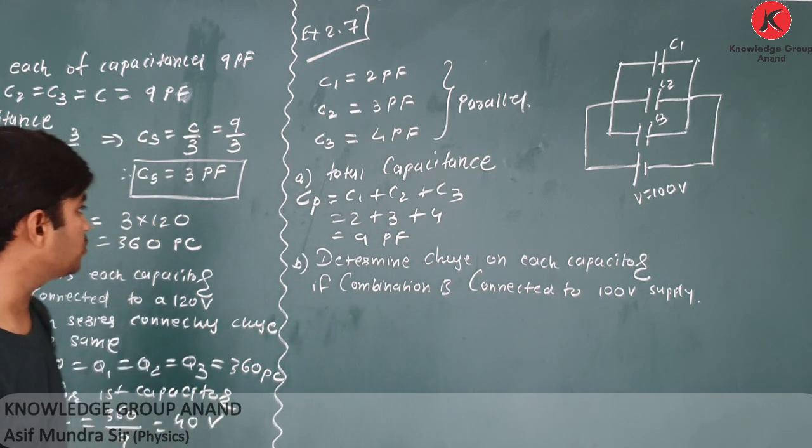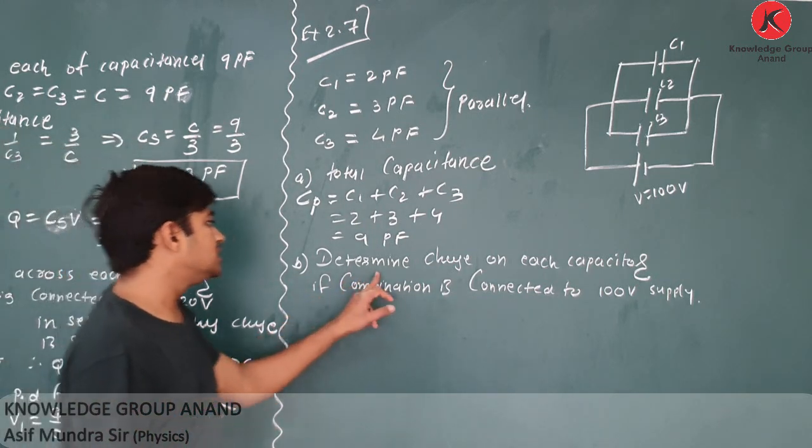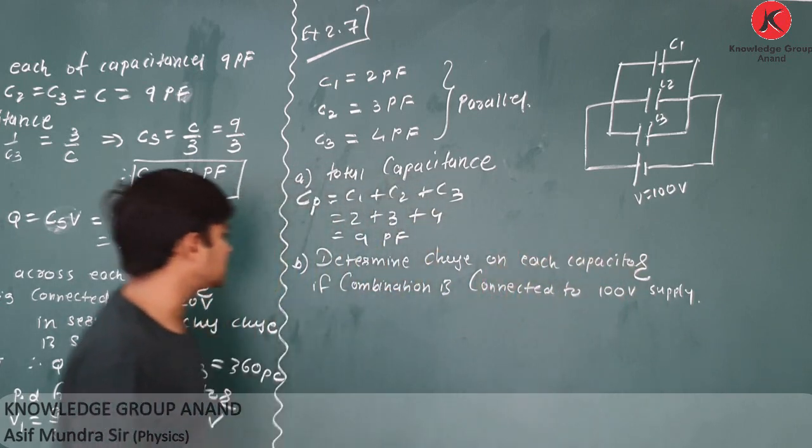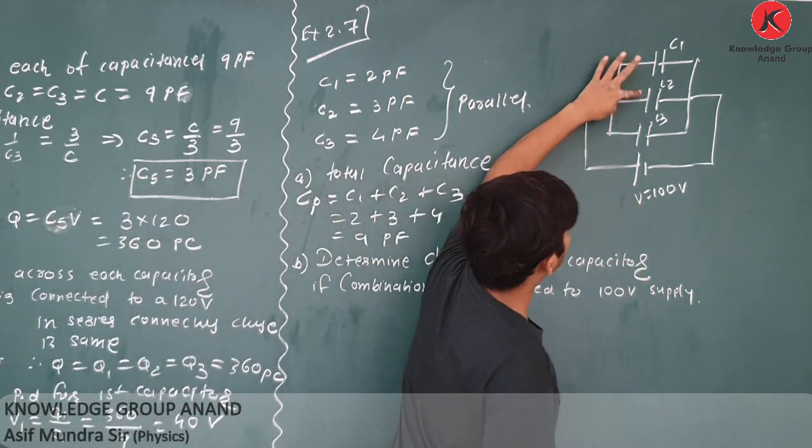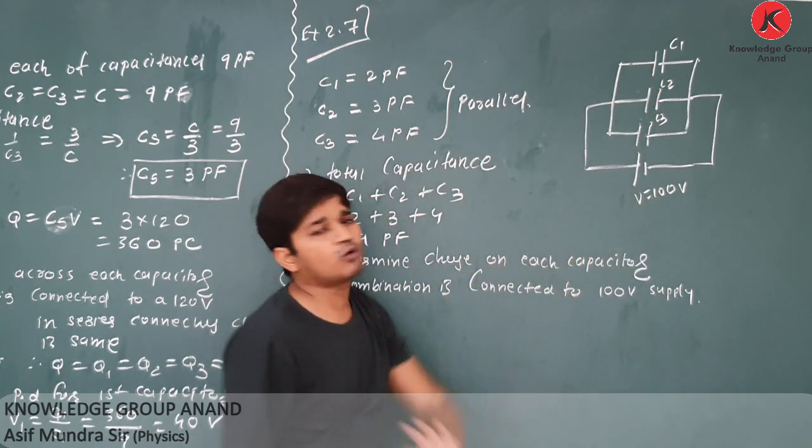Okay, now what is second question? Second question is determine charge on each capacitor if combination is connected to 100 volt supply. C1, C2 and C3, they are connected with 100 volt supply.